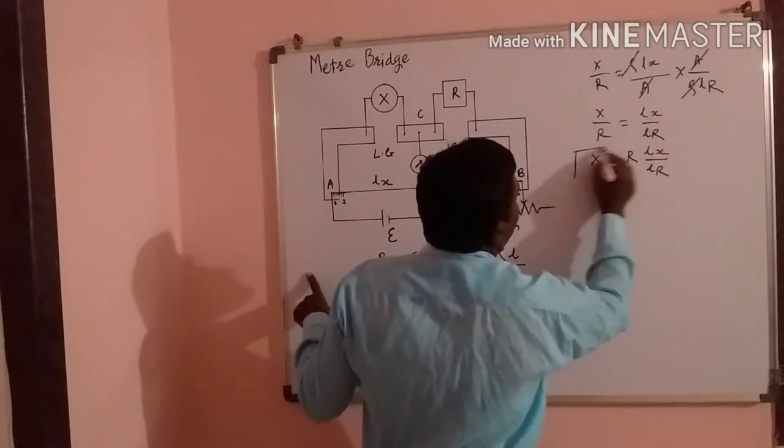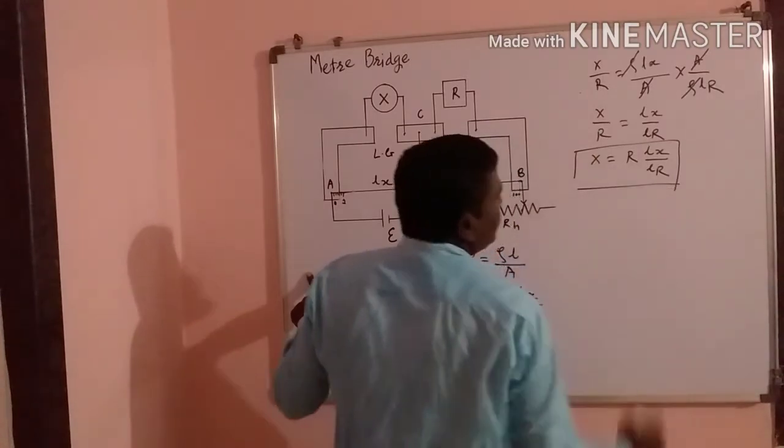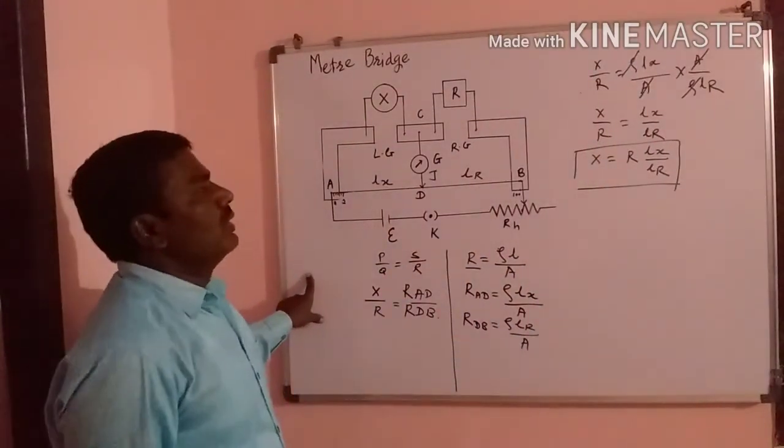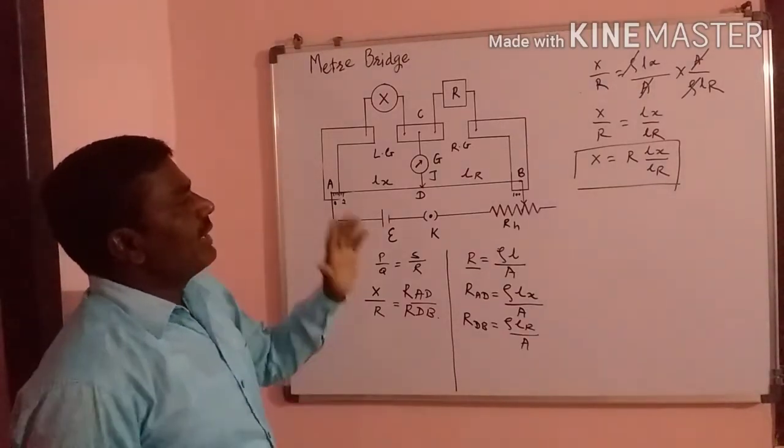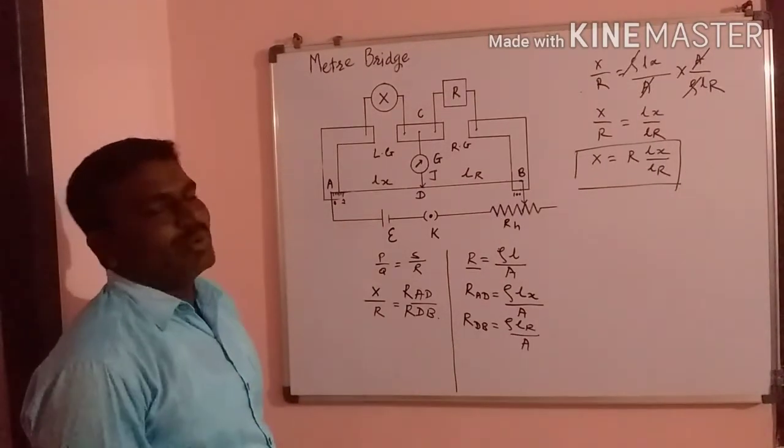This is the equation for the unknown resistance of the wire.